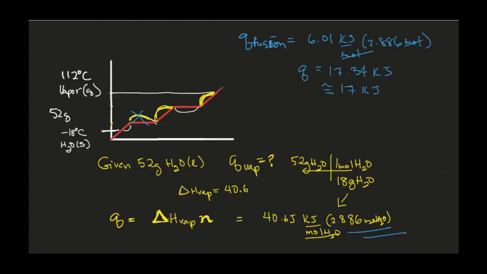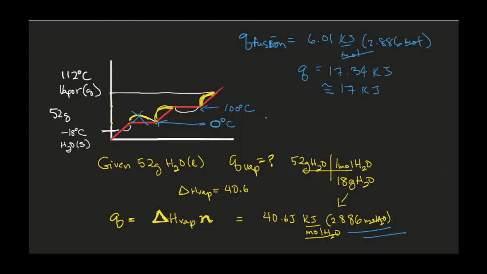Let's do the first slanted portion. So what is the melting point for water? Is it 100? No, that's the boiling point. That's the one up here. Oh, what is melting? 30 something?